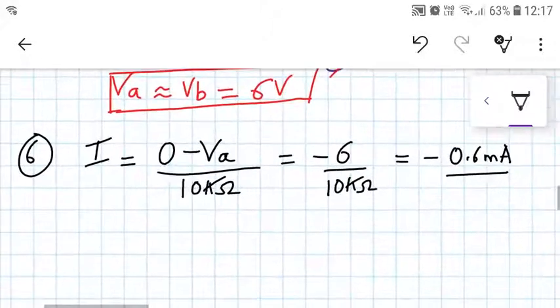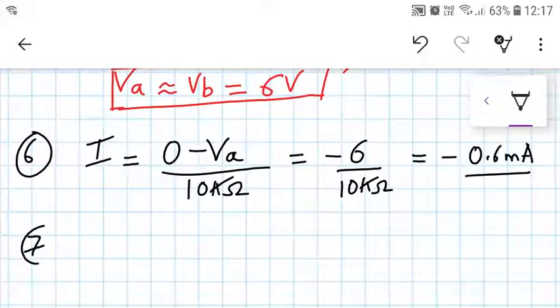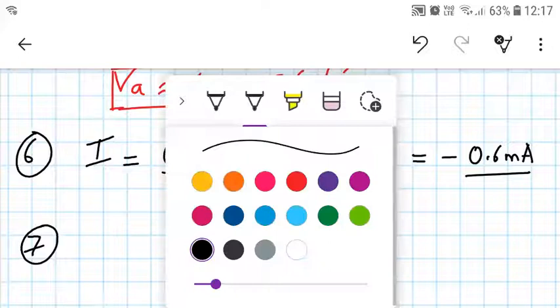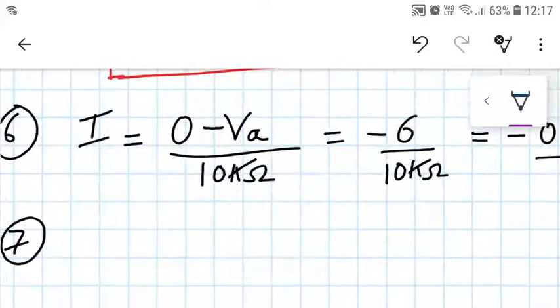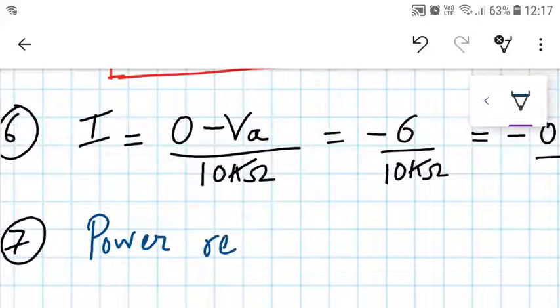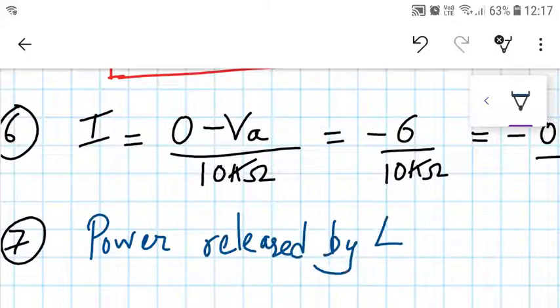Now in the next step we can write step number 7. The power released by the, let me change my color again, let's say to dark blue. So the power released by 4-volt DC source.